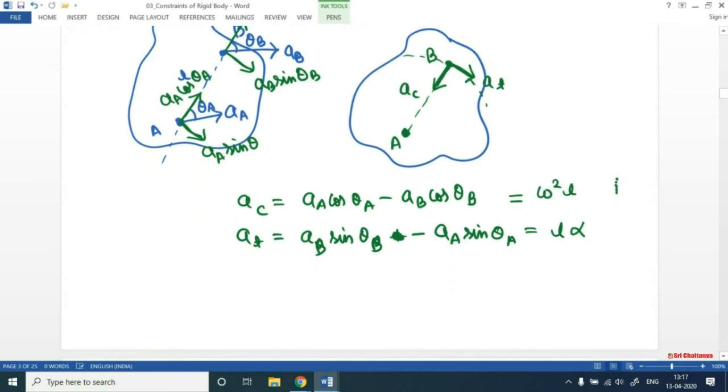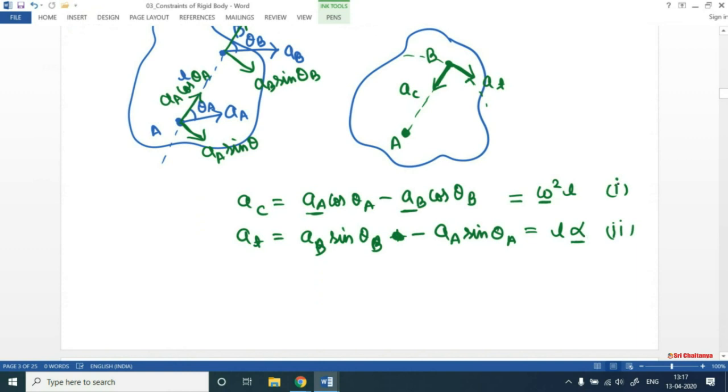using equation number 1, knowing the acceleration of A, we will be able to find out the acceleration of B as well when we know the angular velocity of the rigid body. And using equation number 2, we must be able to find out the angular acceleration of the rigid body.